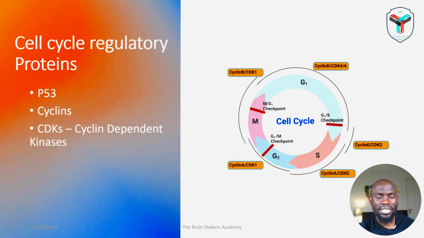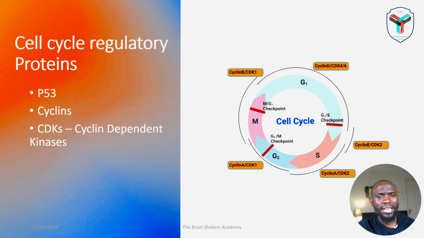We have to protect the body, first by initiating repair. So p53 initiates repair for any damaged DNA. If the DNA cannot be repaired, then the cell is going to undergo programmed cell death. So it has the capacity to stop the cell from entering mitosis, ensuring that all cells that enter the cell cycle possess DNA material that is of great quality.